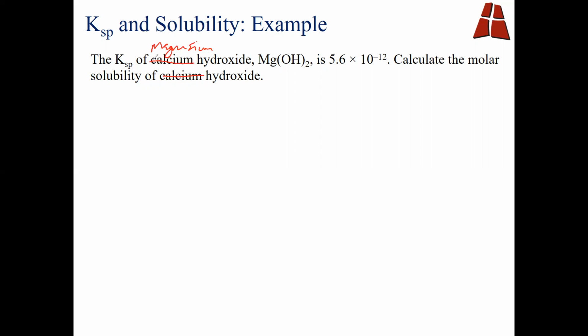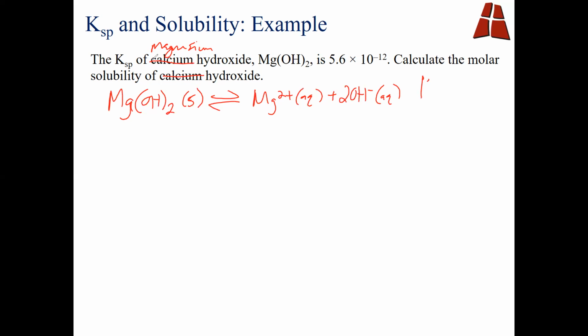If we were to do this, I would recommend writing your chemical reaction first. This was one that we actually just wrote out, right? Mg(OH)2 is a solid that is in equilibrium with Mg2+ that is dissolved, and 2 OH minus that is also dissolved in aqueous solution.